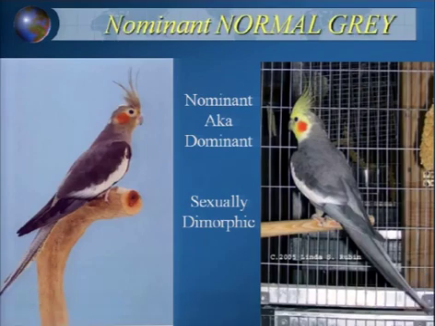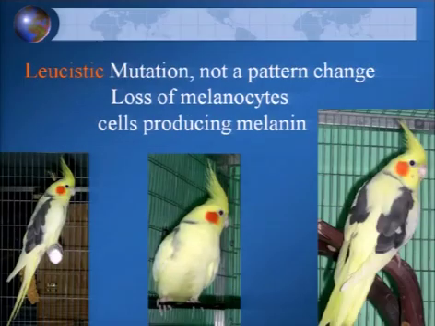But first, I just want to mention that at least in the nominant form, our birds are sexually dimorphic. So the male has the yellow facial mask upon maturity. The female lacks it. The male will also lose his under tail markings and his under wing flight spottings. And those can be either yellow or white, depending on the amount of psittacin pigment in him. And the hen retains it.